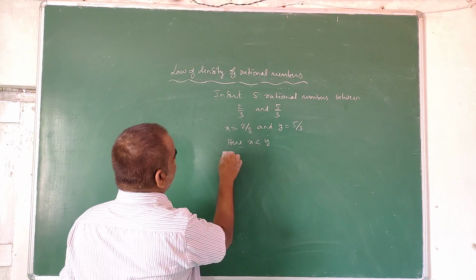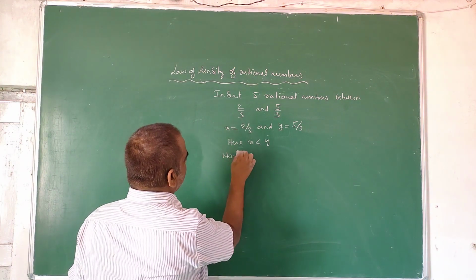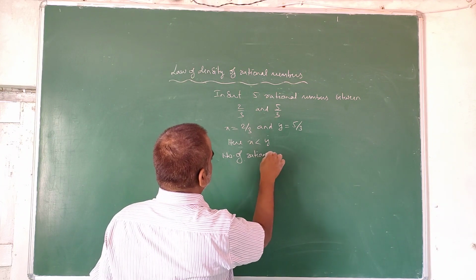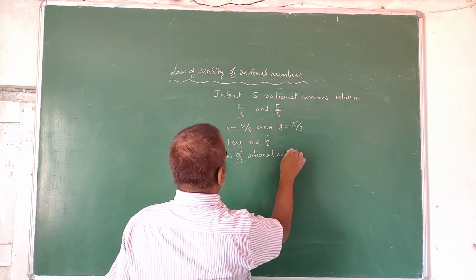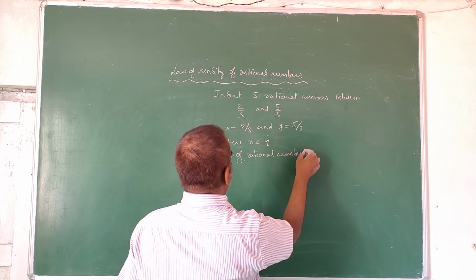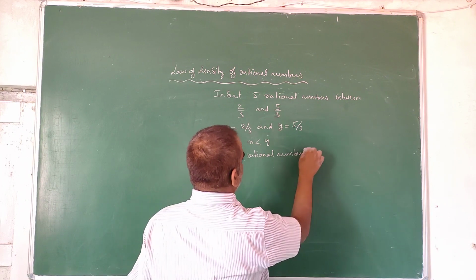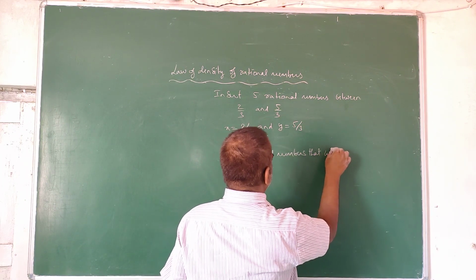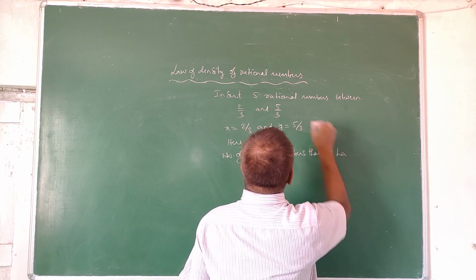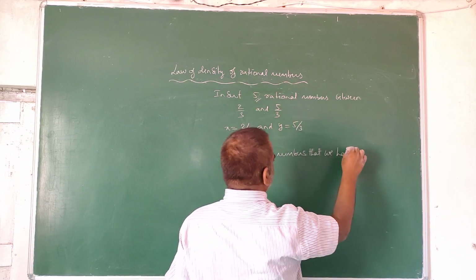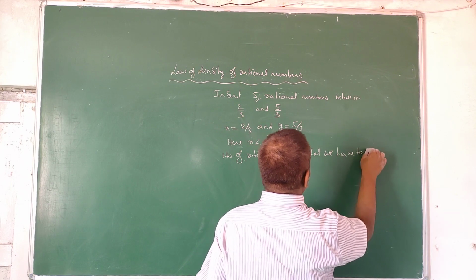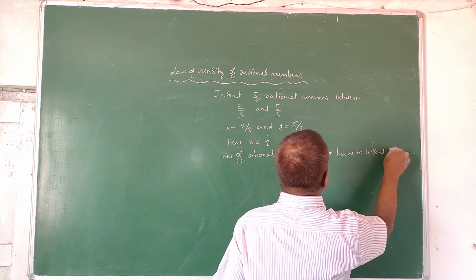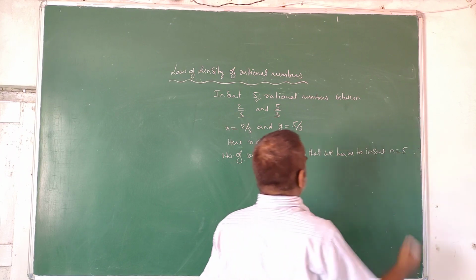And the number of rational numbers that we have to insert is 5. Say it is n, so n is equal to 5.